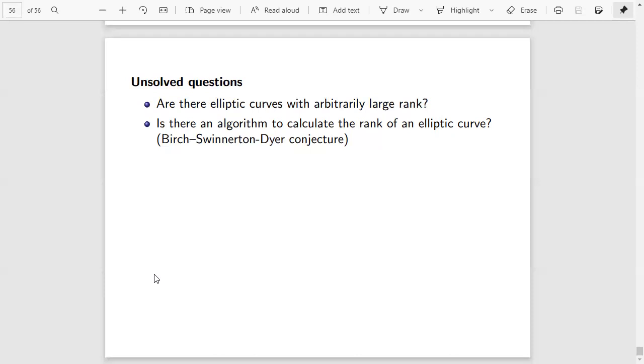So this is one of the major results of late 20th century mathematics, that there are only finitely many points on smooth curves of degree at least 4. That's all I have. So thanks very much.